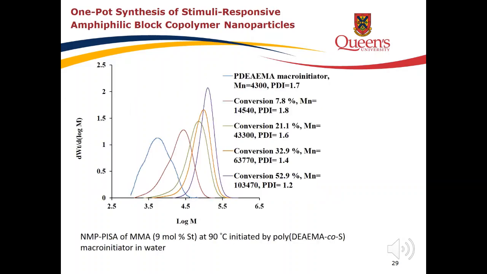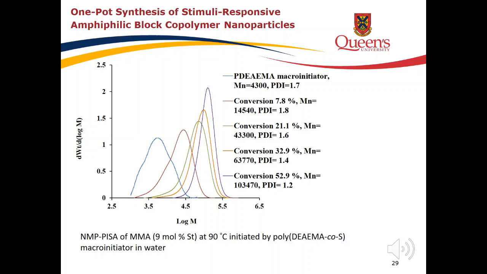If we look at the molecular weight distributions of the polymers we're making here, we start out with the macro initiator. This is the blue curve, and we see it has an Mn of about 4,300. And being low molecular weight and being in aqueous methacrylate polymerization with nitroxide, it's not a very well controlled system. The dispersity is about 1.7, but it is a very living system.